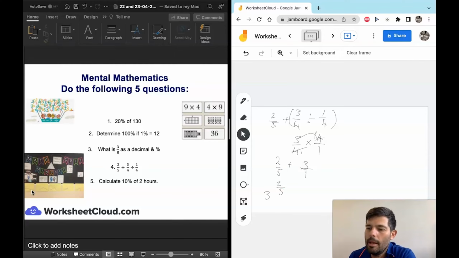And then number 5 is 10% of 2 hours, which is 120 minutes. So you can see then 120 divided by 10 is 12 minutes. It's always easier to convert the hours to minutes.